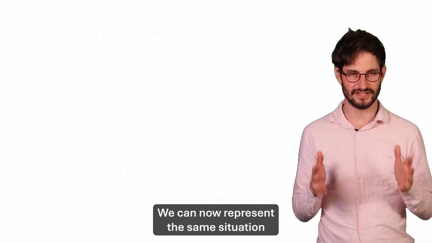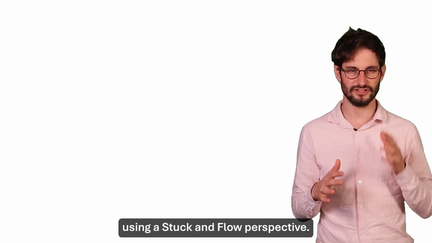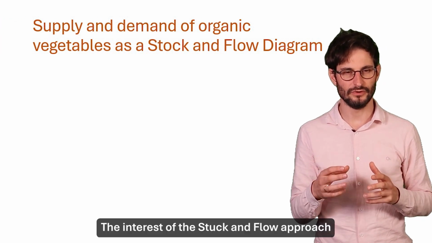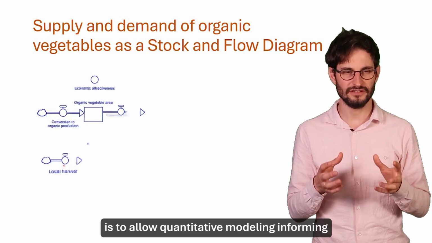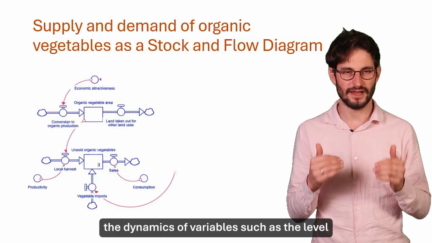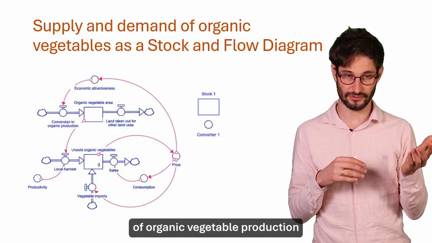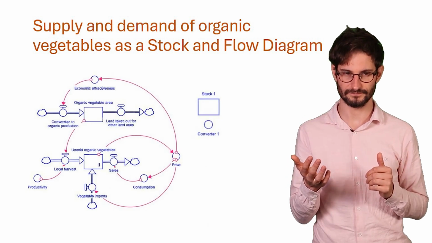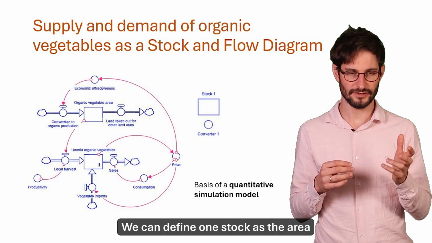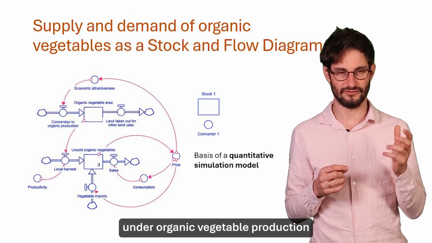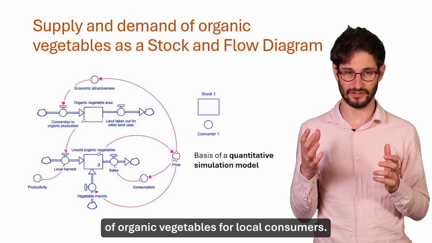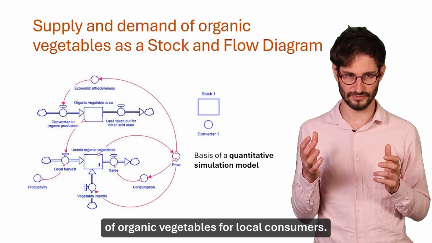We can now represent the same situation using a stock and flow perspective. The interest of the stock and flow approach is to allow quantitative modeling informing the dynamics of variables such as the level of organic vegetable production in relation to demand from local consumers. We can define one stock as the area under organic vegetable production and another stock as the availability of organic vegetables for local consumers.